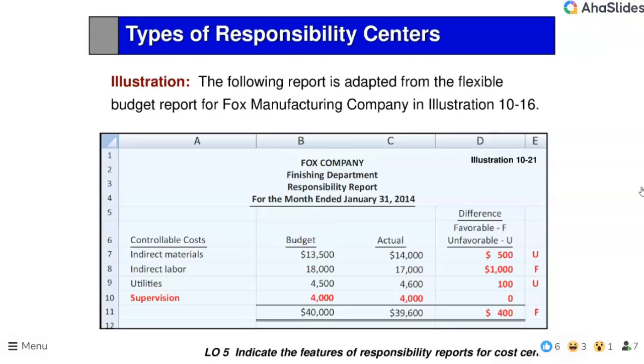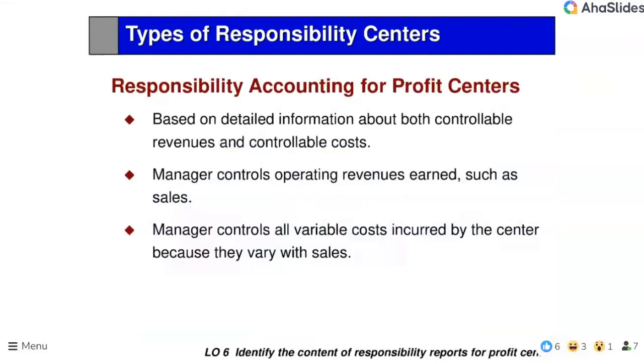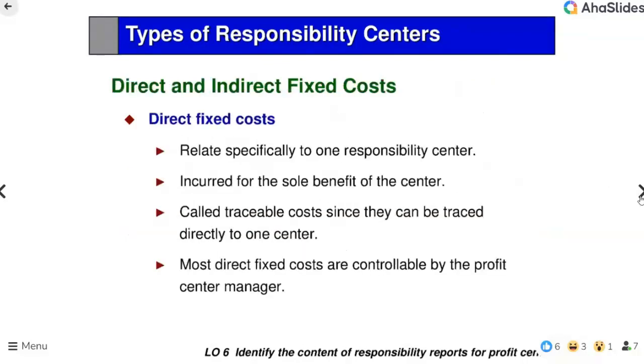Depreciation is not controllable. Property taxes are all fixed. But for a cost center, we look at the flexible budget estimates versus the actual, and we also include fixed costs that are controllable. Now, for a profit center, the term profit is based on controlling costs and earning revenue, but it's not really a profit.